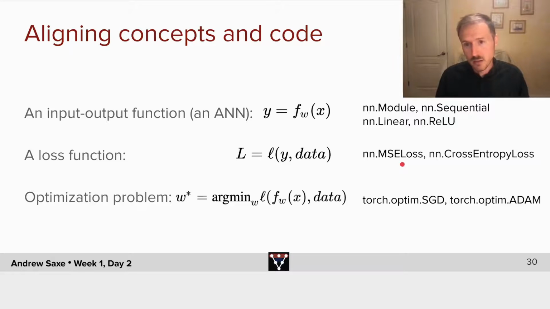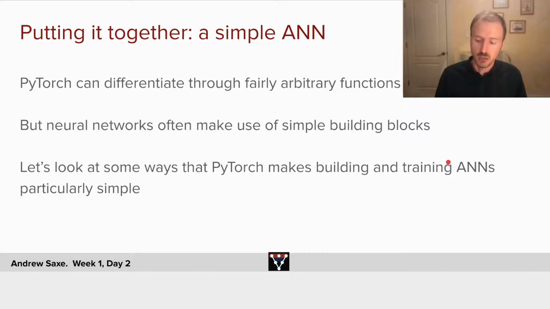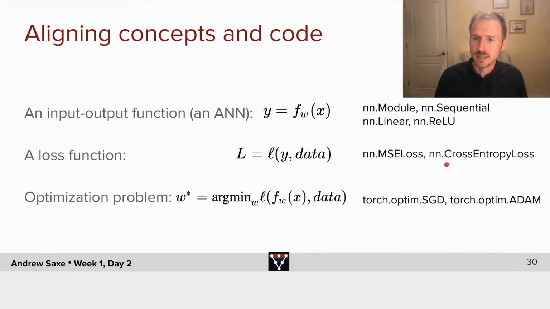That's just the squared error between your target values and the values the network is producing. That's appropriate for regression tasks. And then another one here is the cross-entropy loss, which is appropriate for classification tasks.